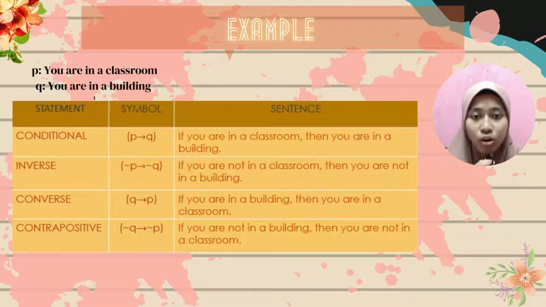Next, for the converse statement with the symbol Q implies P, the sentence is, if you are in a building, then you are in a classroom. And the last statement, the contrapositive with the symbol negation Q implies negation P, the sentence is, if you are not in a building, then you are not in a classroom.